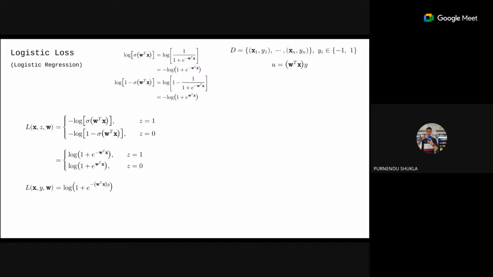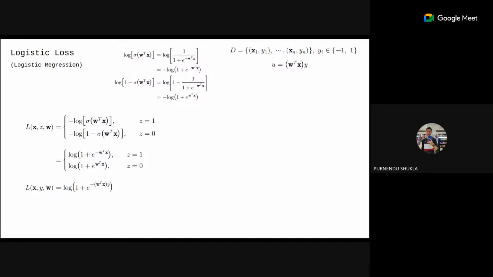Sir, I'm not understanding the second line. Can you explain again? Same thing in the lecture I'm repeating, so you tell me what is not clear. Actually, I didn't understand the logistic loss in the lecture itself, but now I am understanding somehow.